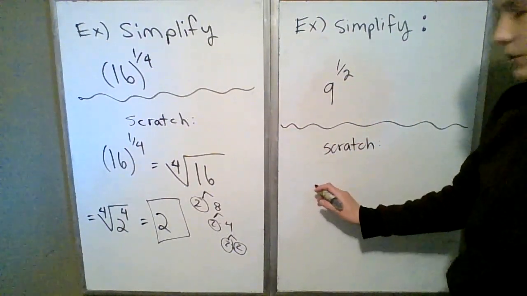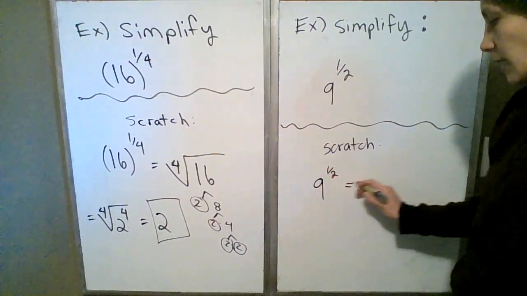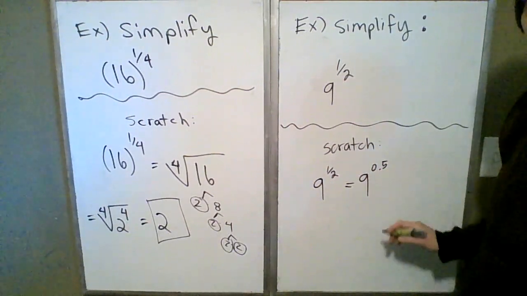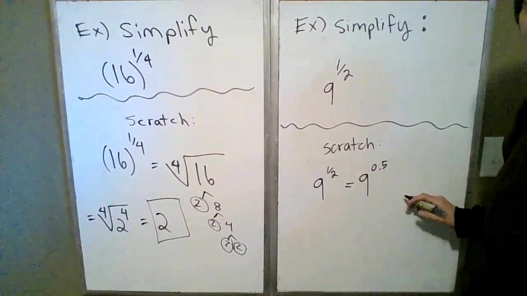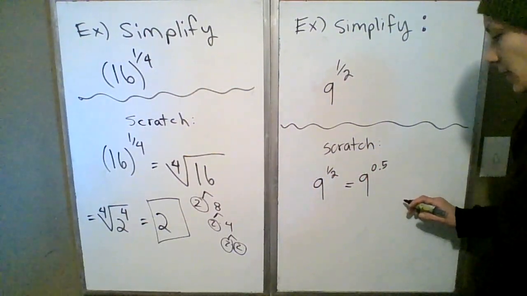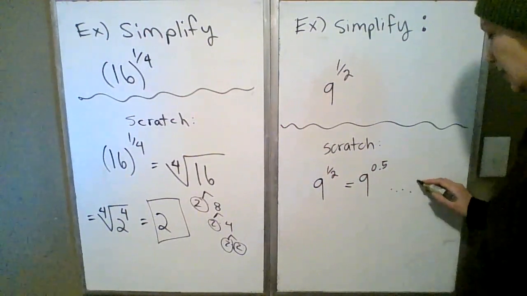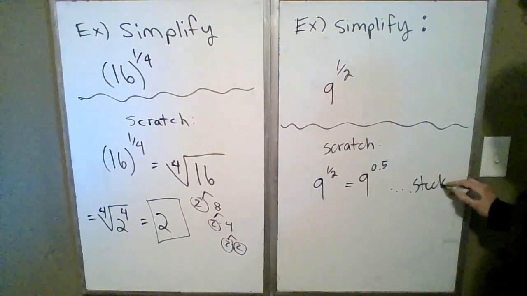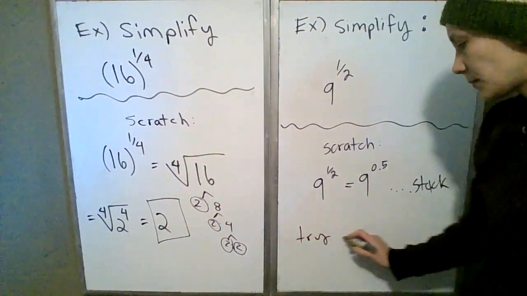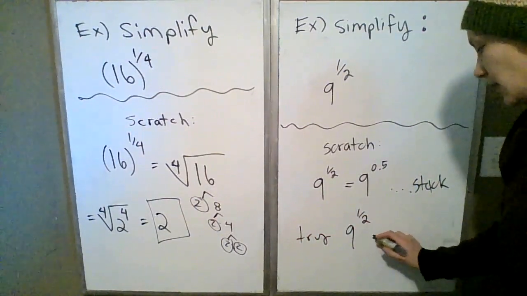It is correct to just write down that 9 to the 1/2 is the same as 9 to the 0.5. But then students get a little stuck, unless you have a calculator or something. So this is okay, but kind of stuck. Then try taking 9 to the 1/2.